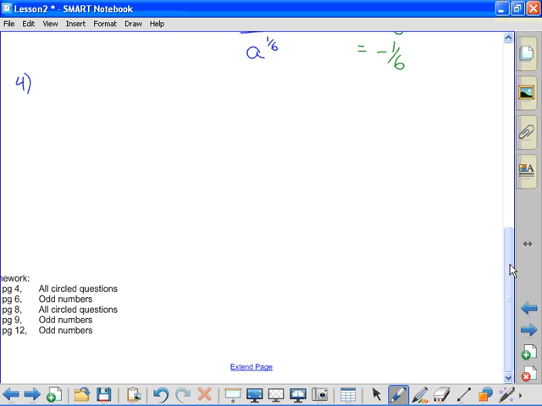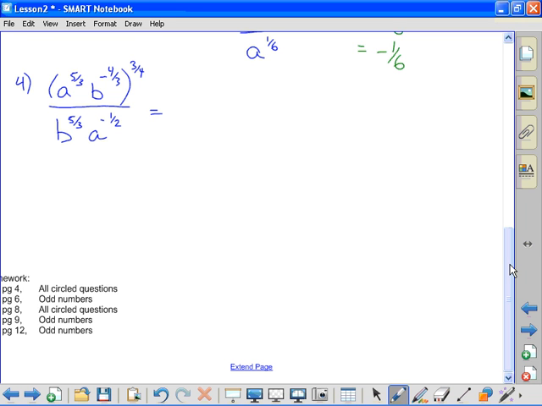So let's do bracket a to the exponent 5/3, b to the exponent negative 4/3, that's to the exponent 3/4, divided by n to the 5/3 multiplied by, sorry, that should be a b, b to the 5/3, and a to the negative 1/2.